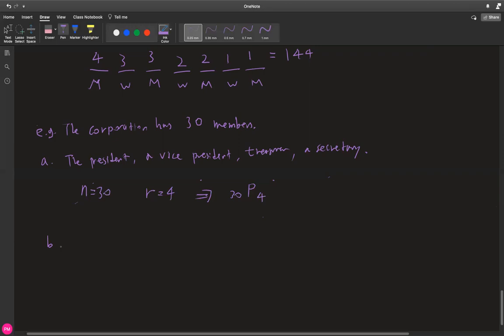And in this case, how many different ways, so how many delegations of 4 members? In other words, all members are equal.